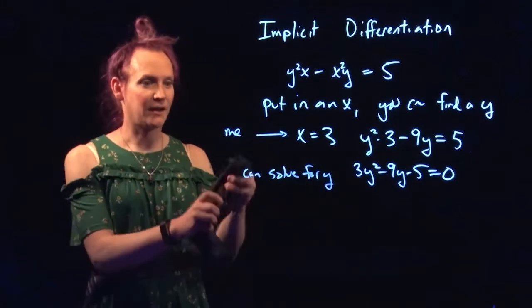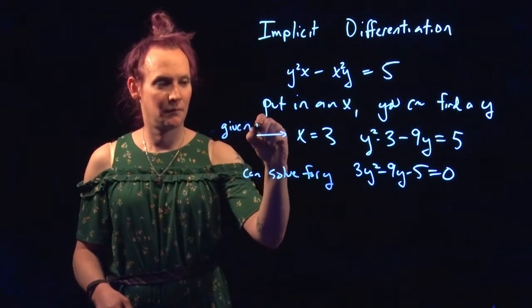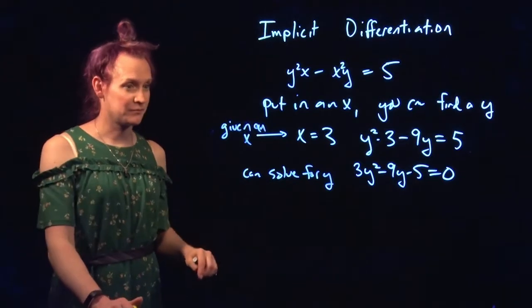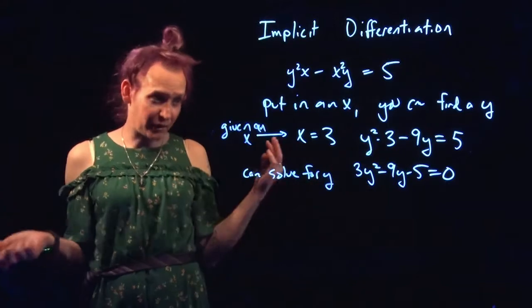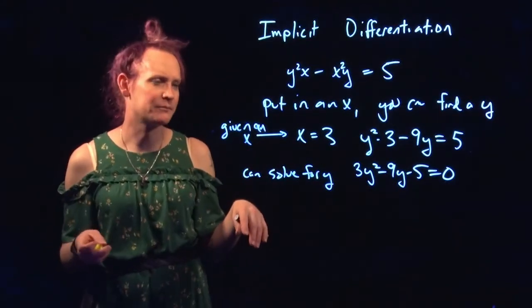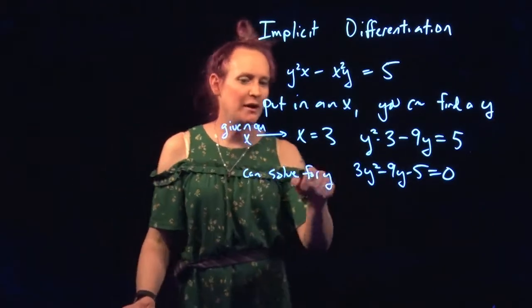So given an x, we can solve for y. In this case, I get 2 different y values that are going to satisfy this. I'm not going to go the distance of actually finding them both right now. I am going to go the distance of actually finding one. Let's go ahead and find it.